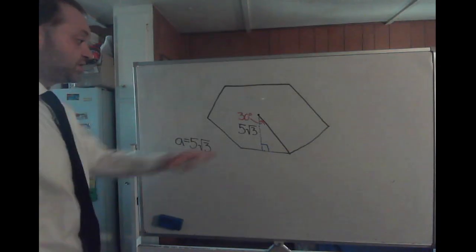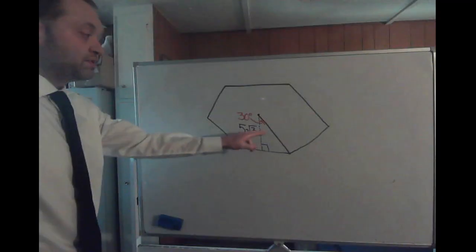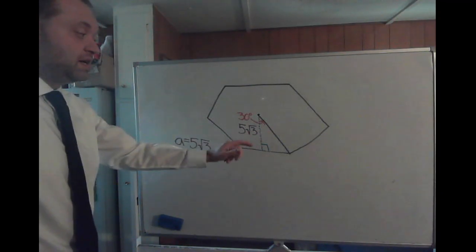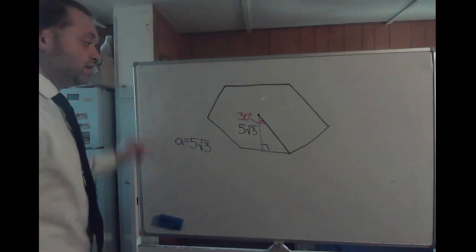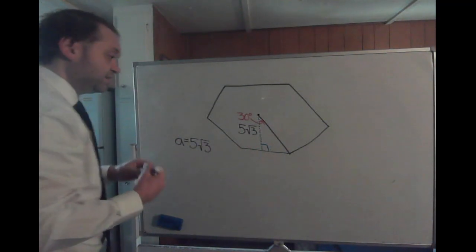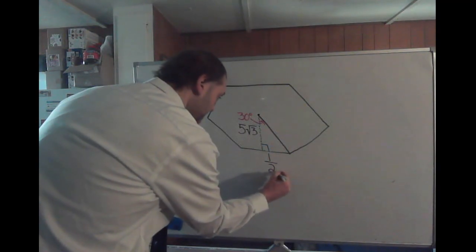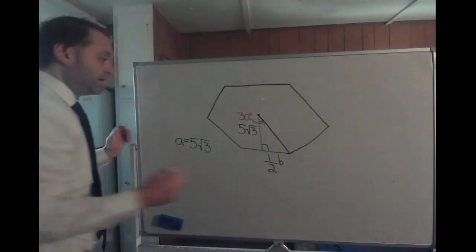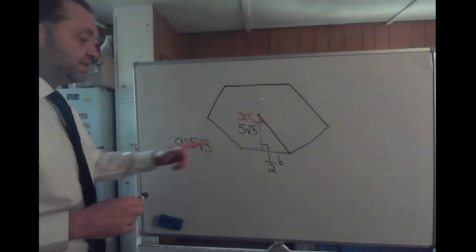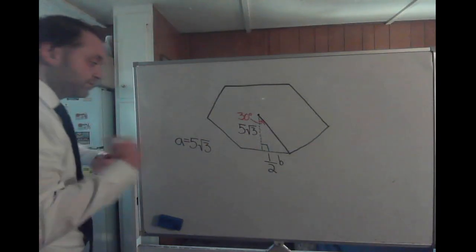Well, this is a 30, 60, 90 right triangle, right? Because this is a regular hexagon, your central angle is 60, so half of that's 30. Well, the apothem is across from the 60-degree angle. To find the length of half the base here, which would be the shorter leg of this right triangle across from the 30-degree angle, you would just take the length of the apothem and divide it by the square root of 3.